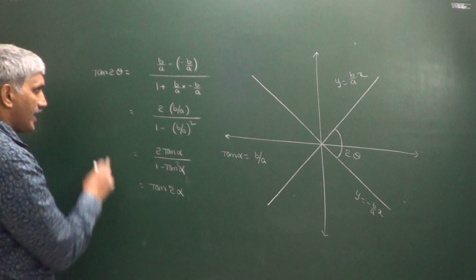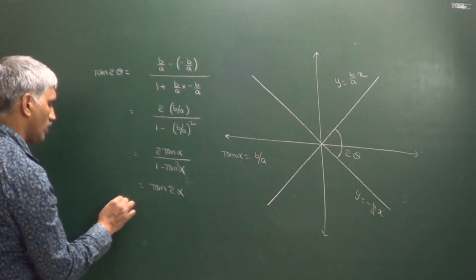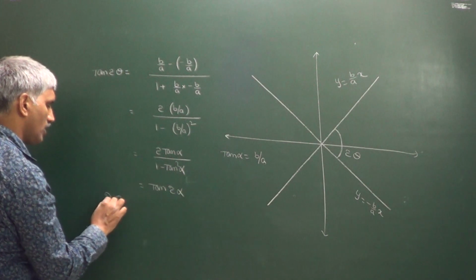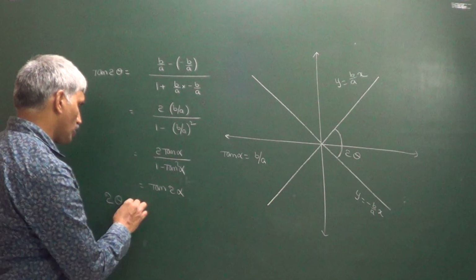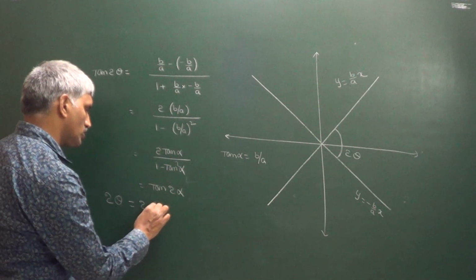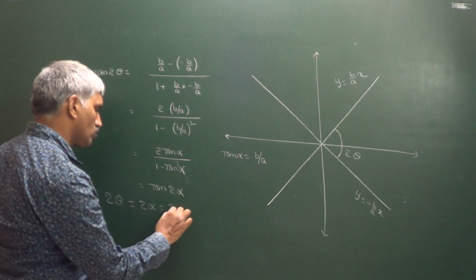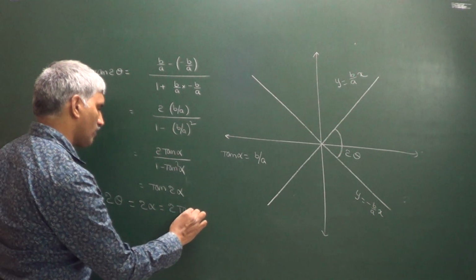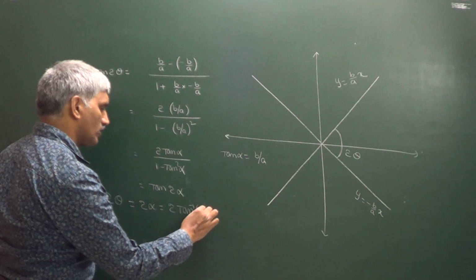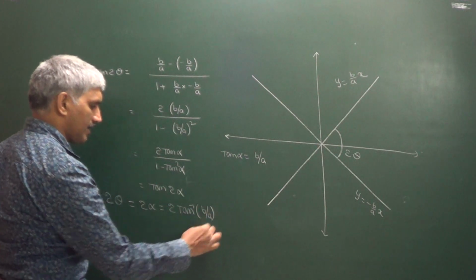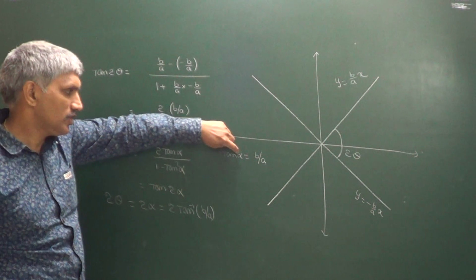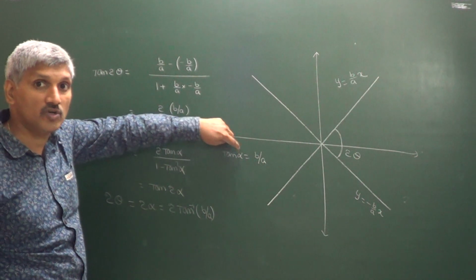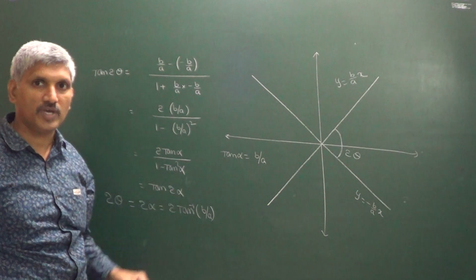So we got tan 2 theta is equal to tan 2 alpha. That means 2 theta, which is nothing but the angle between two asymptotes, 2 theta is equal to 2 into alpha. That is equal to 2 into what is alpha? Alpha is nothing but tan inverse of b by a, because we got tan alpha is equal to b by a. Therefore, I can write alpha is equal to tan inverse of b by a.